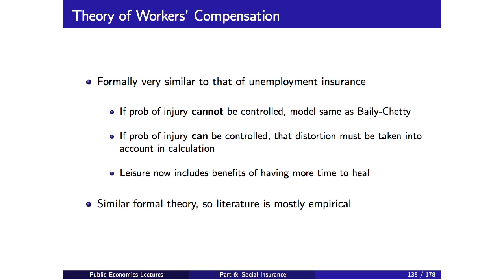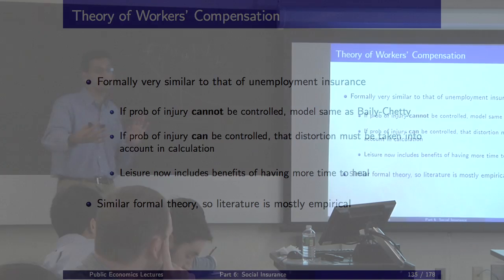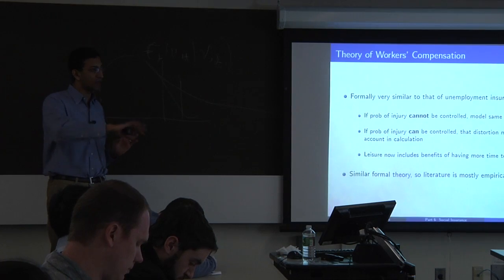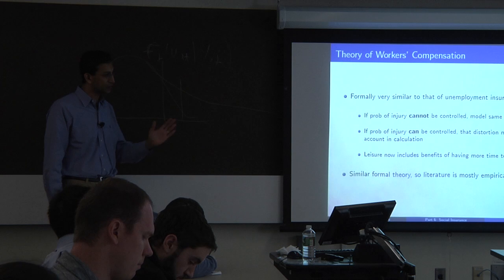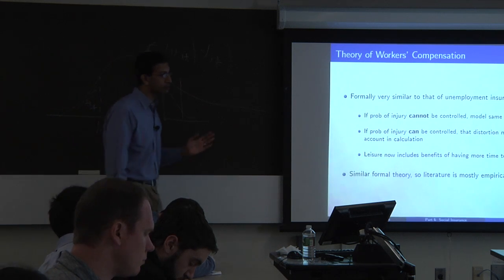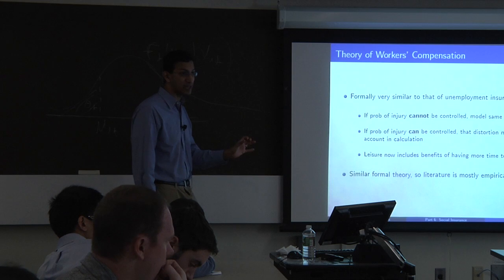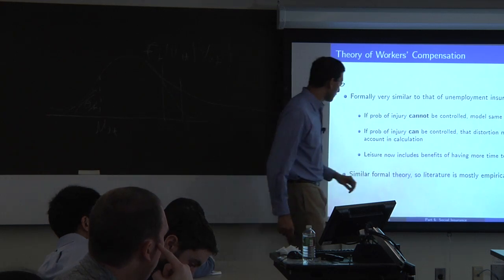And so you know how in these models we always have this convex cost of search effort. What is that here? You can think of that as coming to this question. If you take more time to come back to work, that has some benefit because it's hard for you to work when you're injured and maybe you heal more. So all of that is going to get captured in that convex function, which is controlling the benefits of staying out of work, okay?